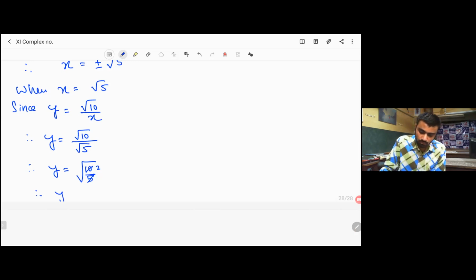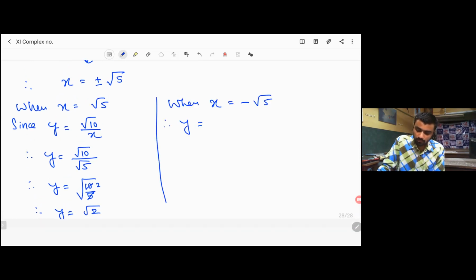y is √2. Similar to that, when x is minus √5, again the y value is going to be √10 upon minus √5.